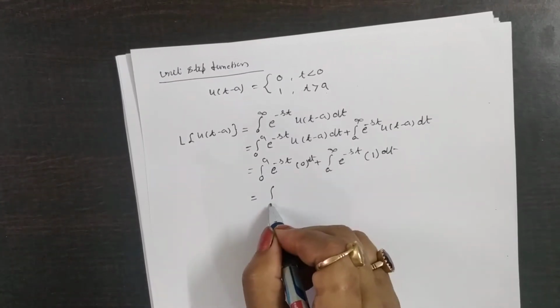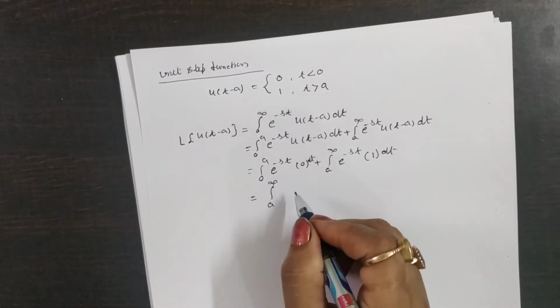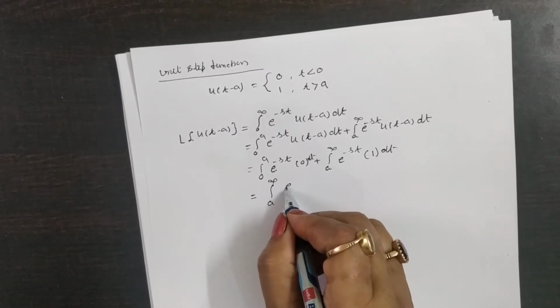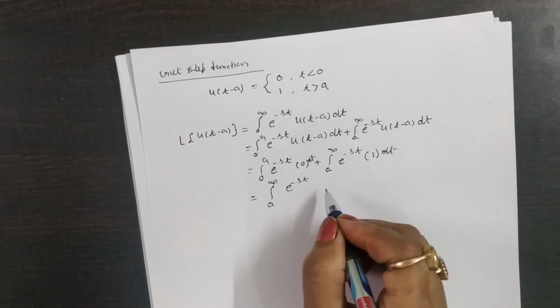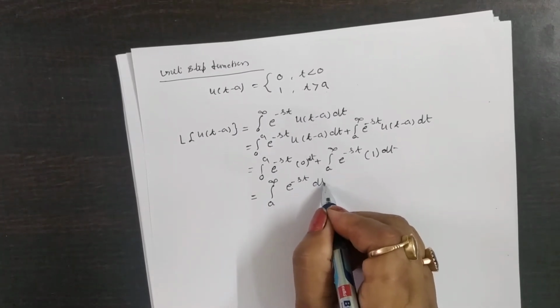Here, from a to infinity, e to the power minus st dt.